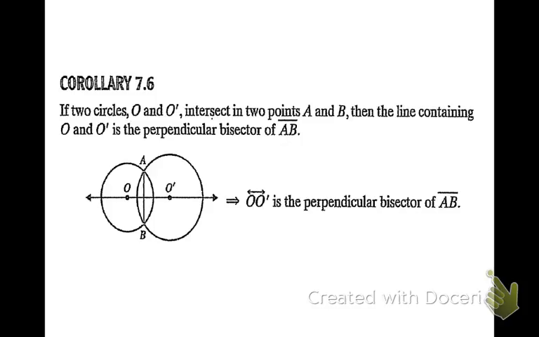Corollary. Two circles, O and O prime, intersect at the points A and B. The line containing O and O prime is the perpendicular bisector of AB. So this line is going to be the perpendicular bisector of AB.